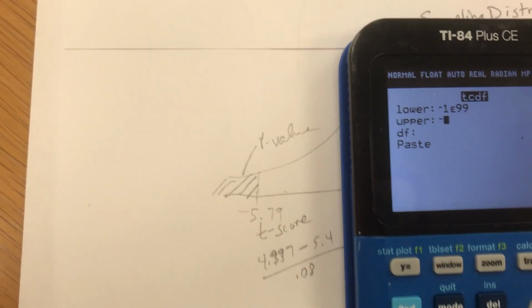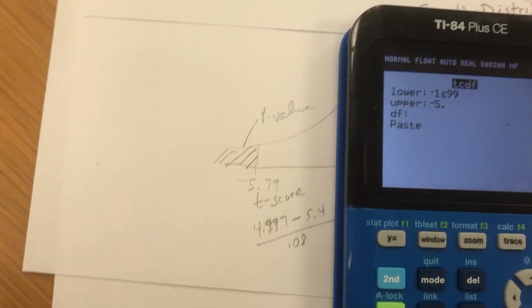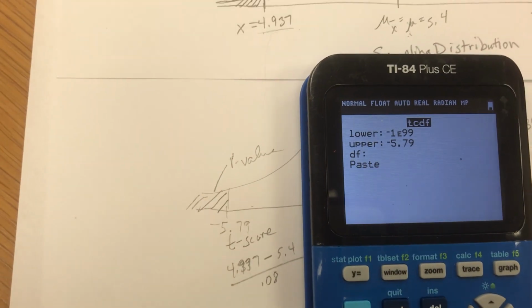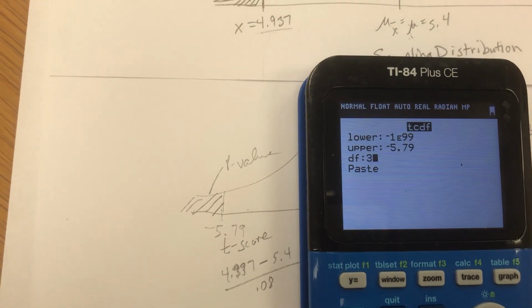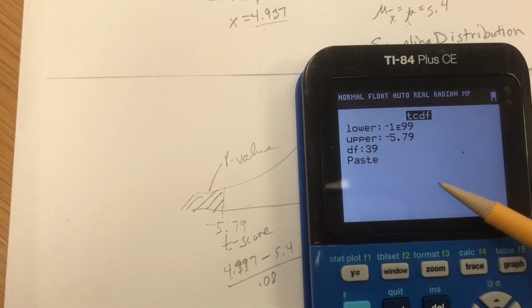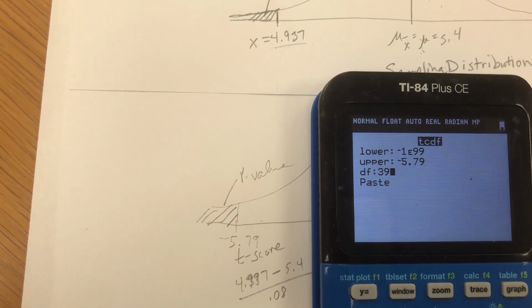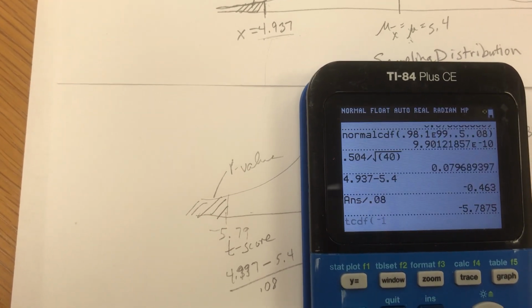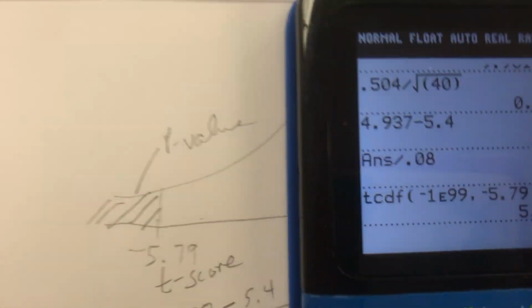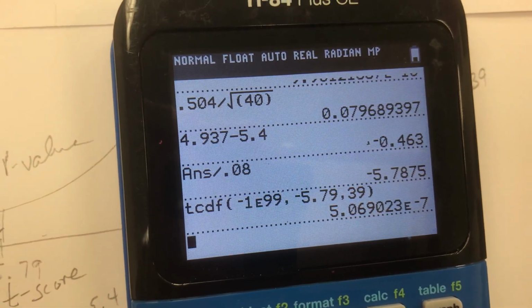At negative 5.79. And then it says, what degrees of freedom would you like me to use? And I'm going to tell it 39. Doesn't ask me for my mean and standard deviation. That's why I had to do a t-score, because it's assuming the center is 0, standard deviation is 1. Paste that to the main screen, calculate, and I get a probability using scientific notation. I have 6 zeros and then a 507.